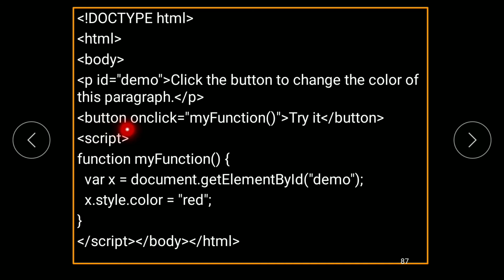You can write input type equal to button also, or you can directly add the button. Then I write here button, and then onclick is nothing but the event. You already learned about events. What are events? Events are nothing but actions performed by the user or the elements, right, student?